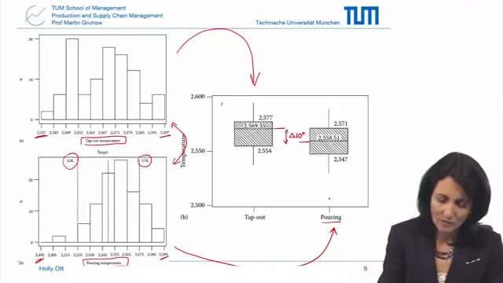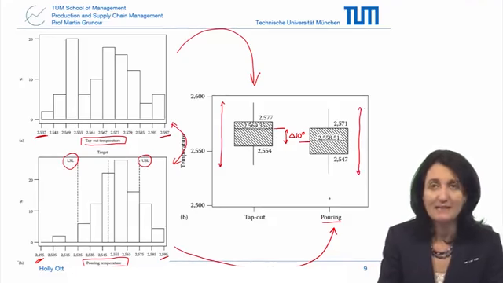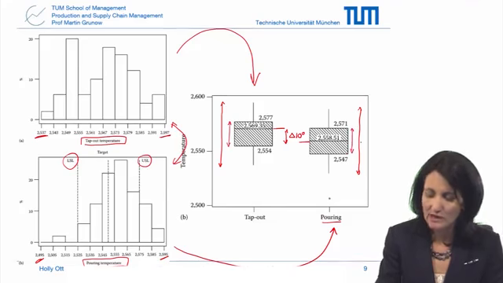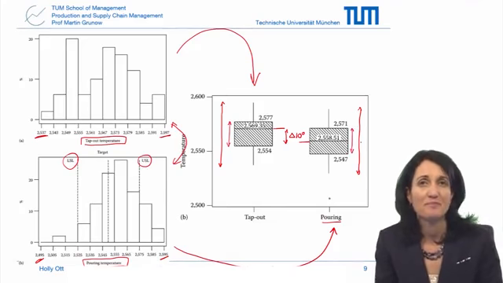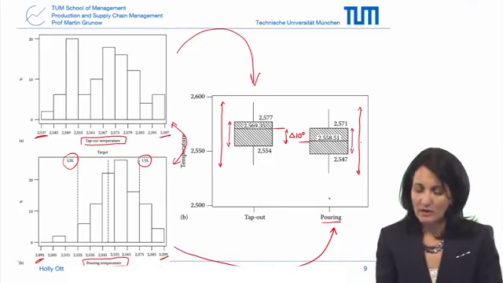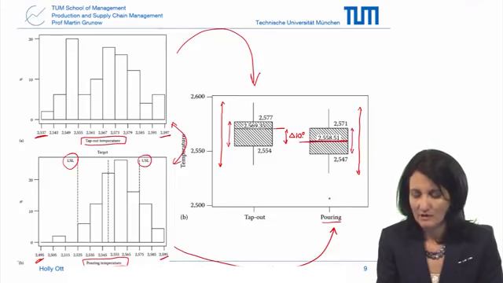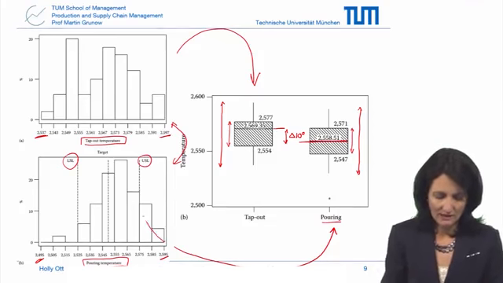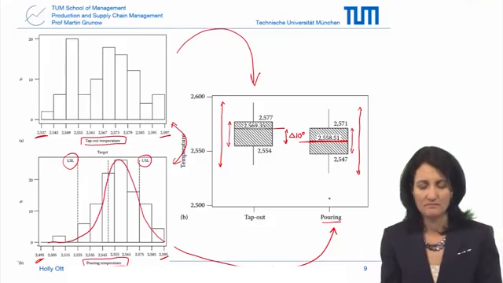We see that the overall spread of the data, minimum to maximum, is about the same for both. And indeed, the interquartile spread, the spread between the third and first quartile, is also about the same. Now we can also see maybe more easily here that the median for the pouring temperature is roughly in the middle of our distribution.